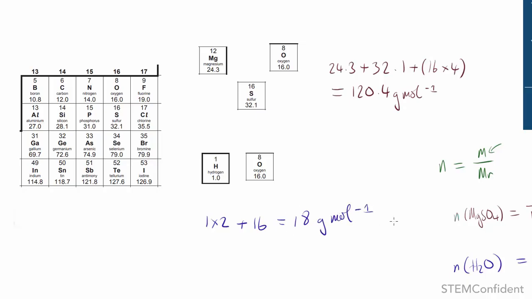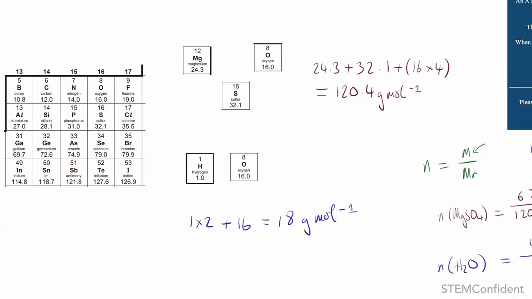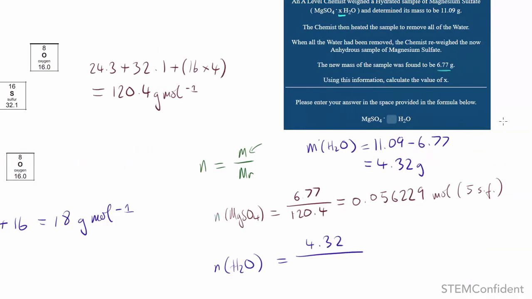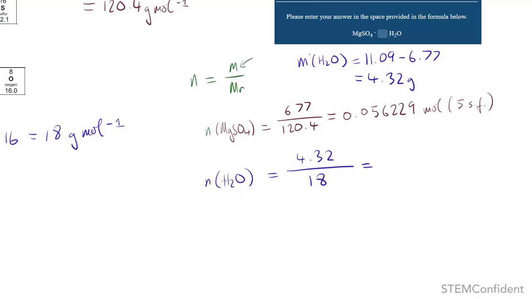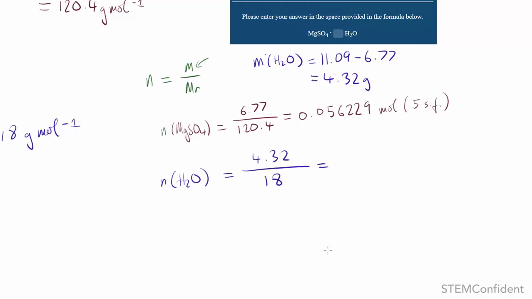So the number of moles for the H2O is simply going to be 4.32 divided by 18. If you do work that out, you should find that you get 0.24, and that's going to be in moles.